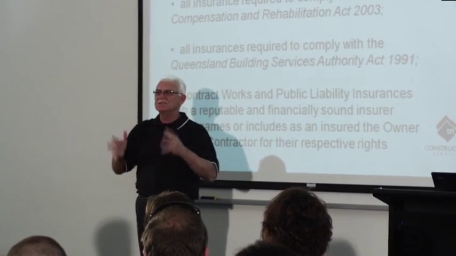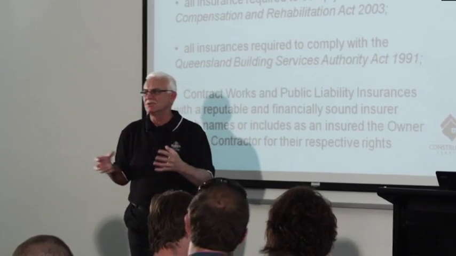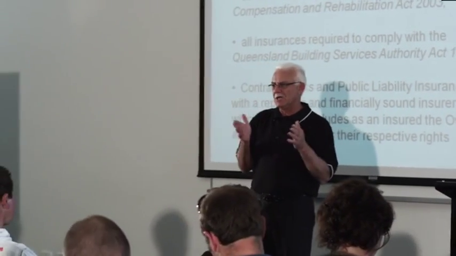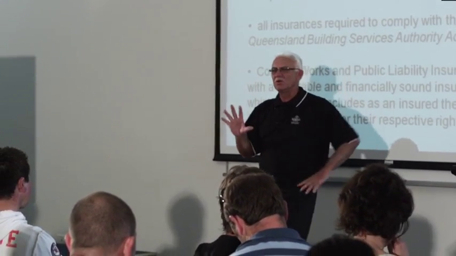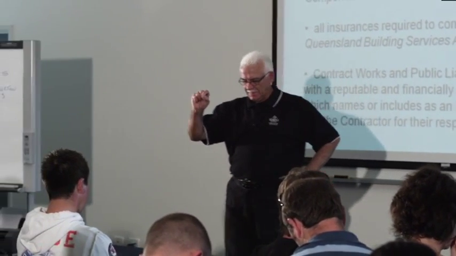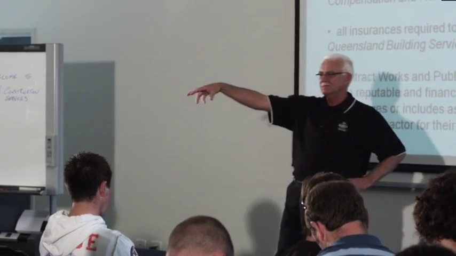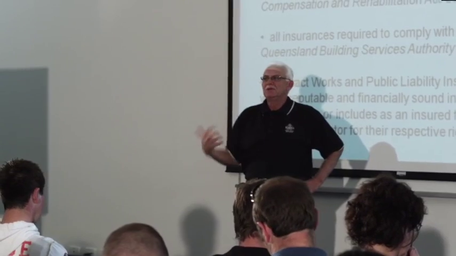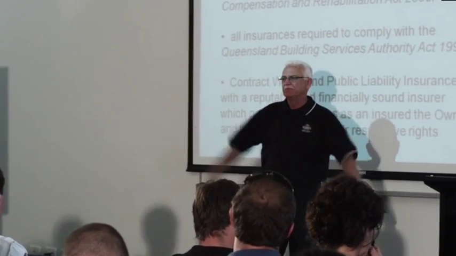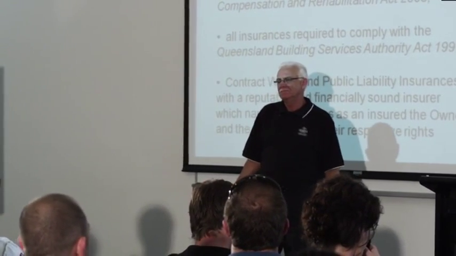The BSA insurance is purely to protect the owner if anything goes wrong. Very quickly, if there is a problem with a house and there is a dispute, and you, the builder, say, no, sorry, I'm not going to fix that, right?